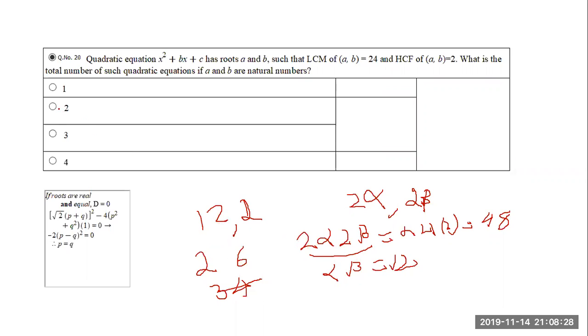No, answer is 2. Right? No, what are the pairs here? 12 can be written as 2 comma 6, 3 comma 4, and 12 comma 1.